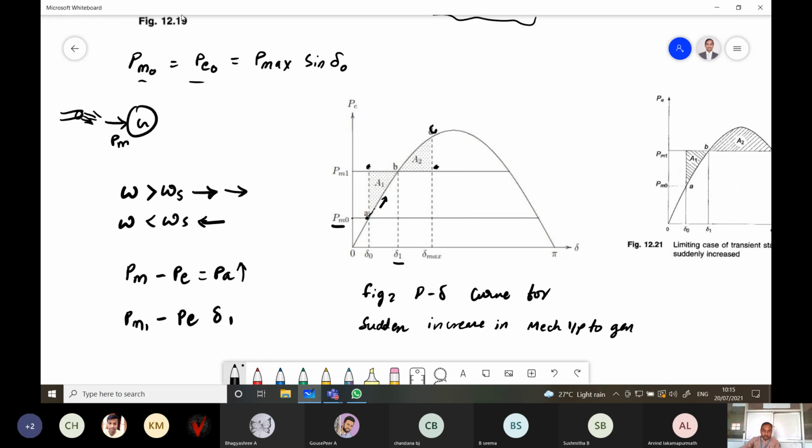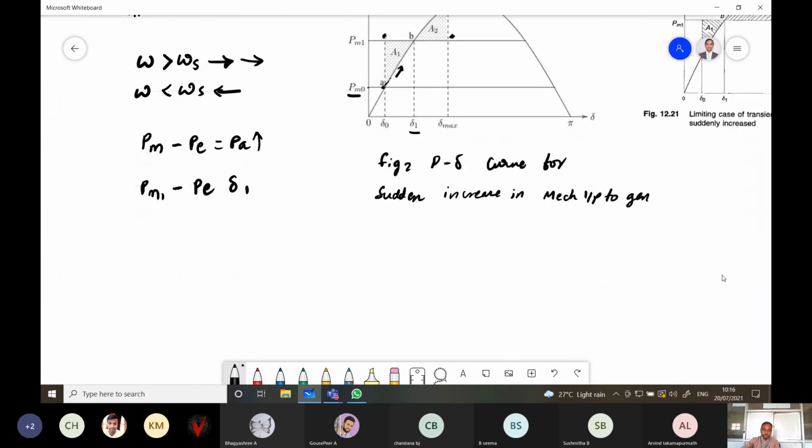Therefore we can write it as: at angle delta 1, Pa is equal to Pm1 minus P max sine delta 1, which is equal to 0 at this point, that is at point B.